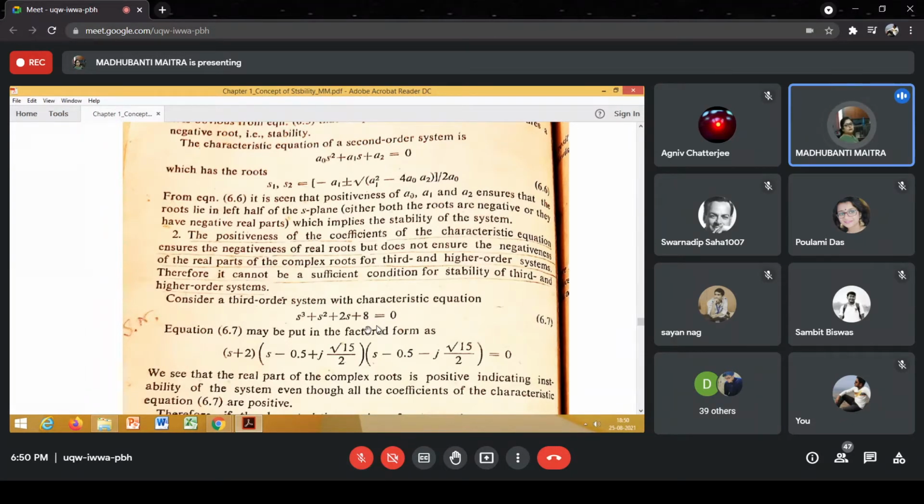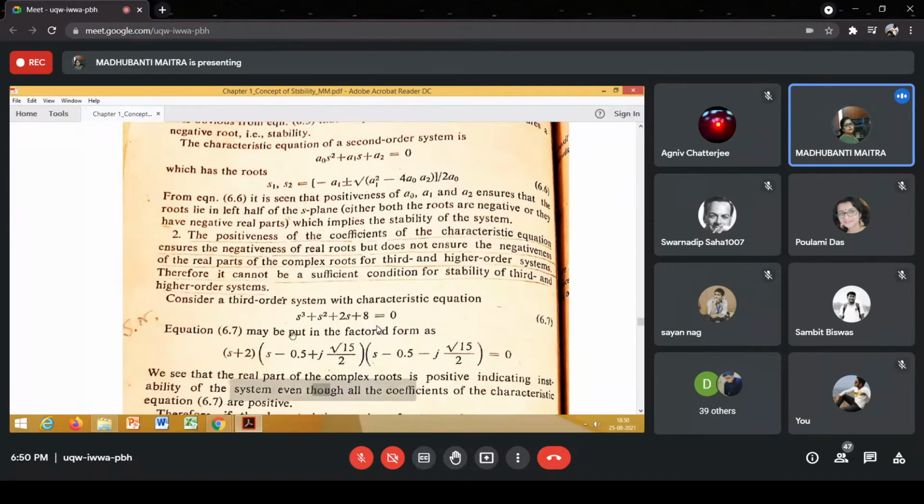But still we find that the system itself is not a stable one, it's an unstable system. That means we can conclude that for third and higher order systems, the necessary conditions are not sufficient conditions at all, right?